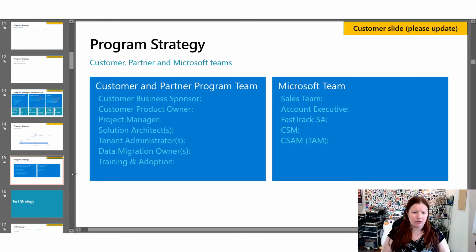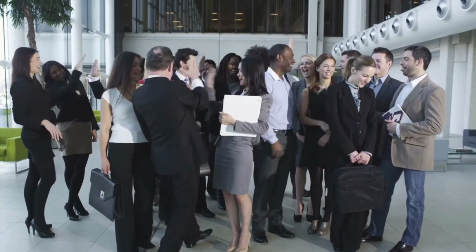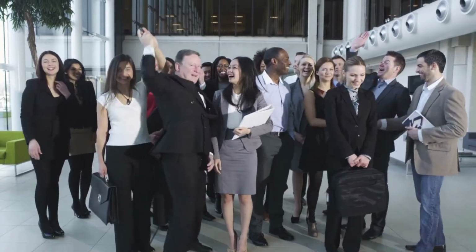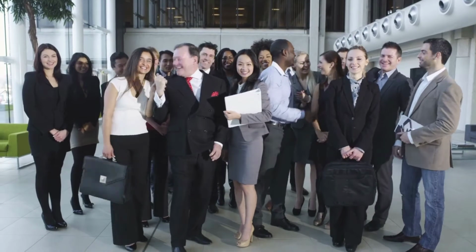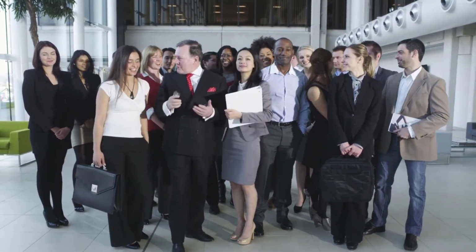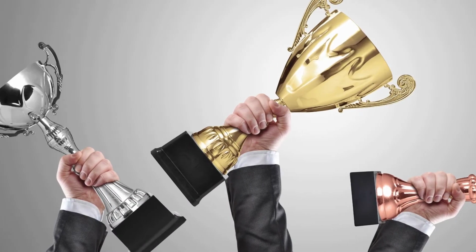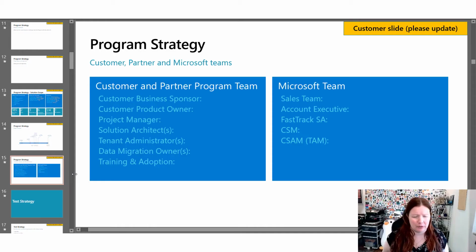Now, the next row in this template asks for the customer product owners. This is likely a large group of people in your organization that make up the bulk of your project team. While you may have champions for each product, such as finance, supply chain, human resources, customer service, and so on, you should have assigned specific resources from your business for each major business process area in your organization.